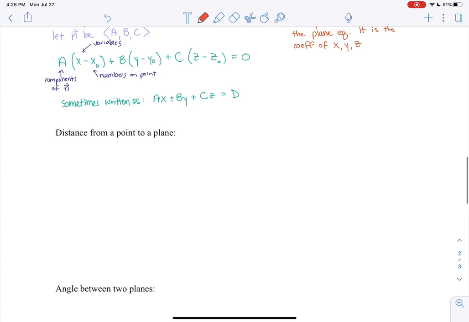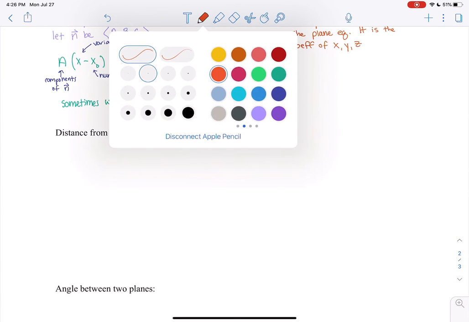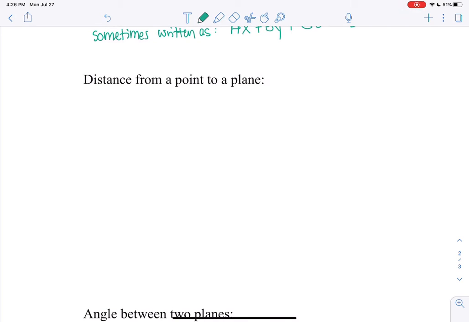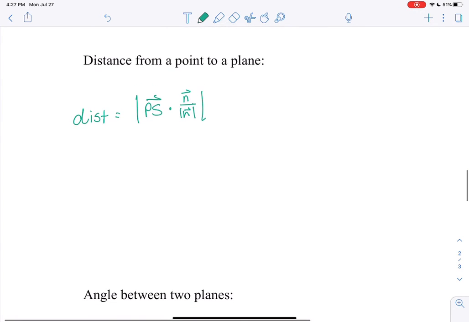Just like we talked about the distance from a point to a line, there's an equivalent equation for the distance from a point to a plane, and in this case, the distance is equal to the magnitude of PS dotted with the normal vector divided by the magnitude of the normal vector. And then just to write out what the variables are in this case, P is any point on the plane.